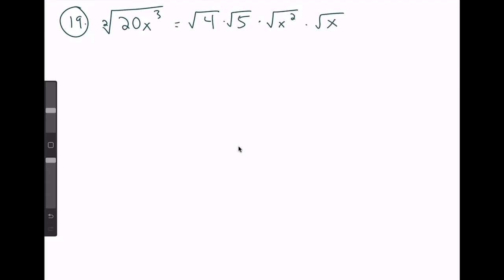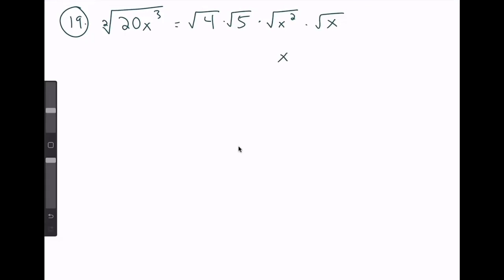Okay. The reason why I wrote this out like this, x squared times x, is because I can easily find the square root of the same root. So if I find the square root of a number and square it, that's just like canceling itself out. And that just leaves me with x. So the square root of x squared is just x.